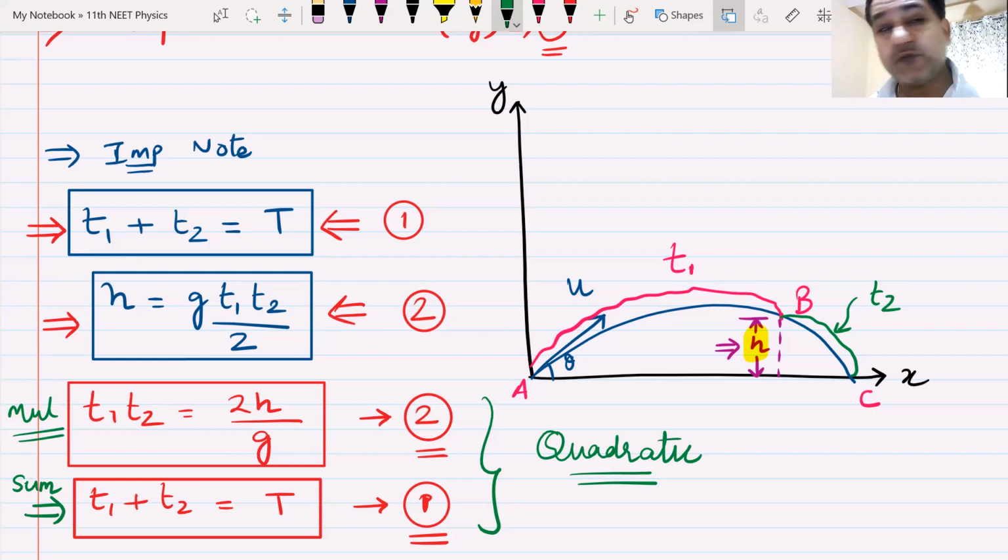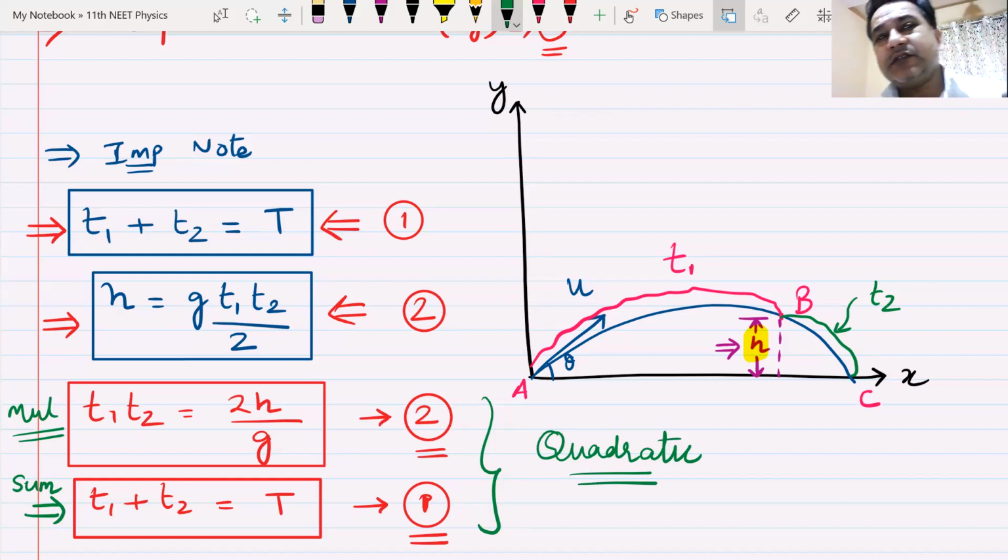Am I clear? Do we understand this? Can I have some raised hands that we understand this, sir? Okay, so this formula has come from this. This is what you must remember about time of flight. What is total time of flight? 2u sine theta by g, or you can write it as 2 times uy by g.